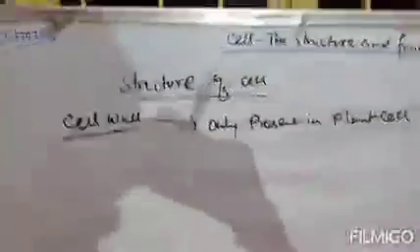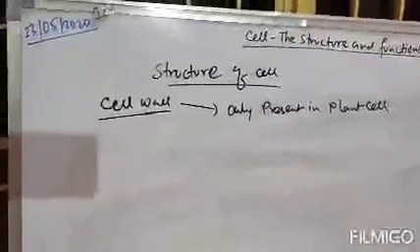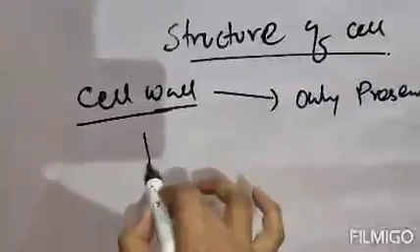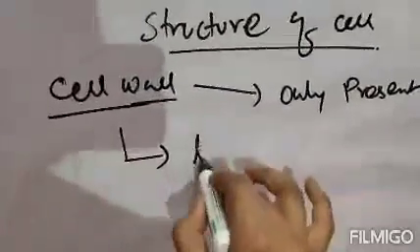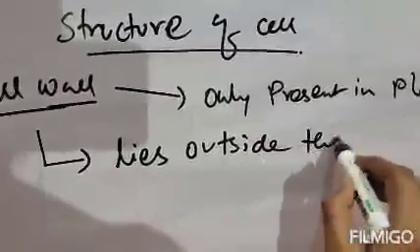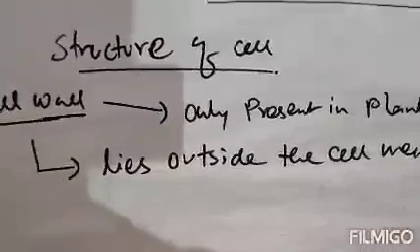And in case of animal cell, only cell membrane is present, because in animal cell there is no cell wall. Clear?